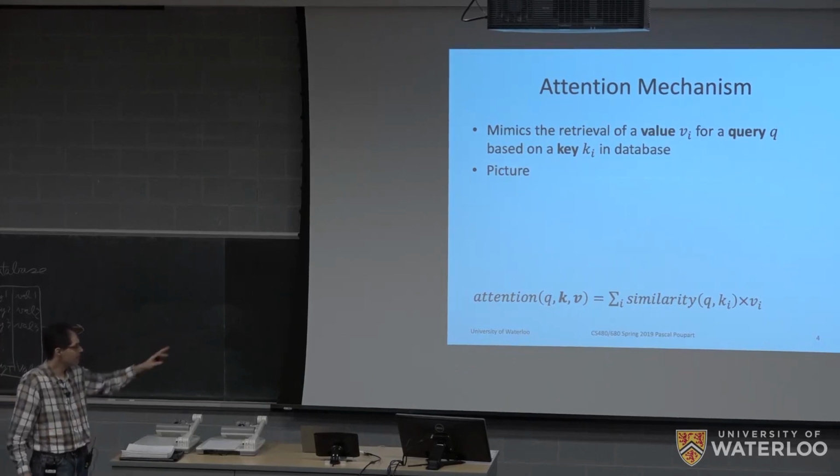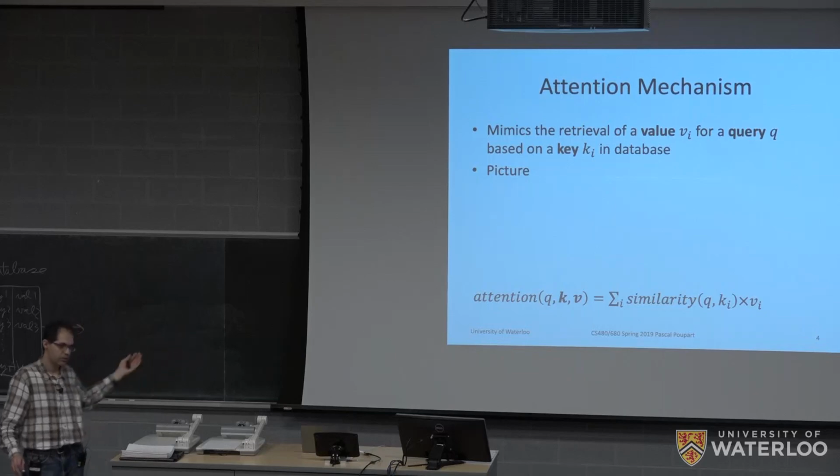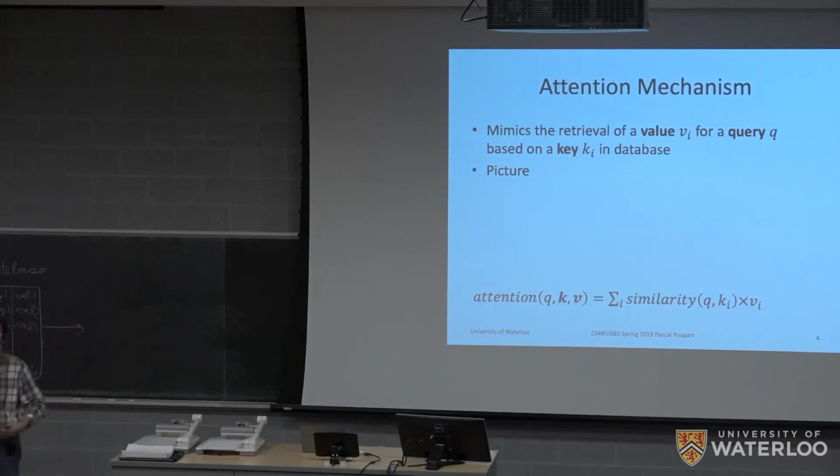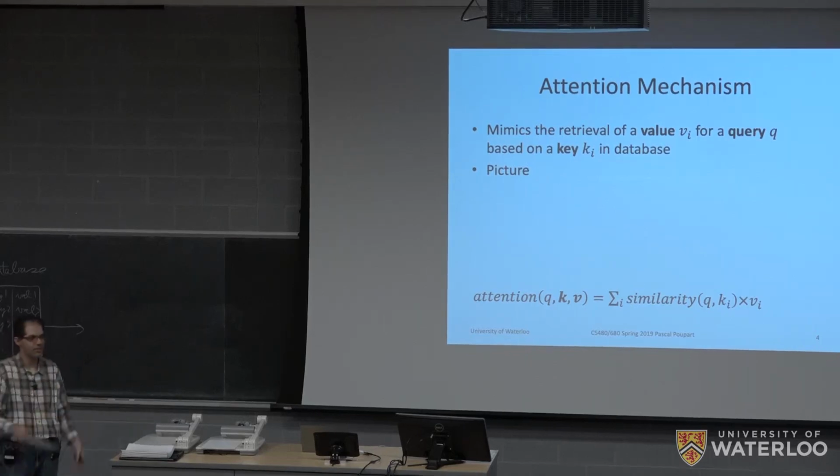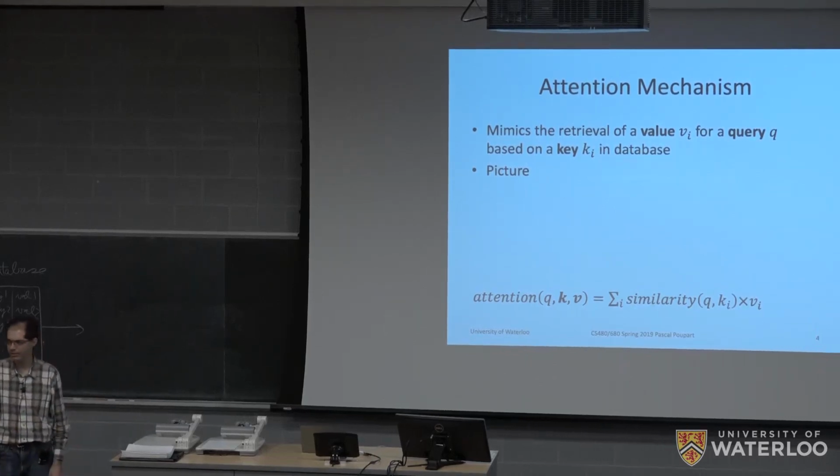Okay, so I guess we can think of this as a generalization of the mechanism for a database where we make the retrieval process become a convex combination or a weighted combination of the values for which the keys have a high similarity in the database.